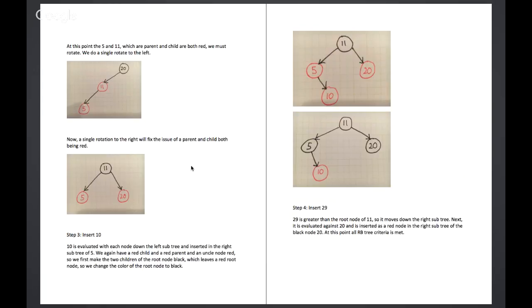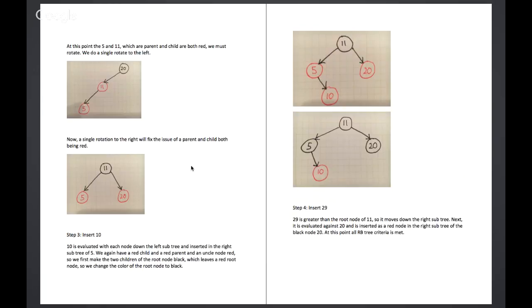It is compared to the red 5, and it is greater than or equal to, so it moves down the right side and is inserted in the right subtree of 5.